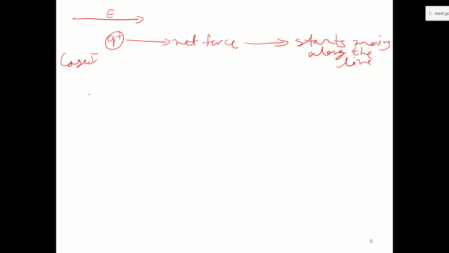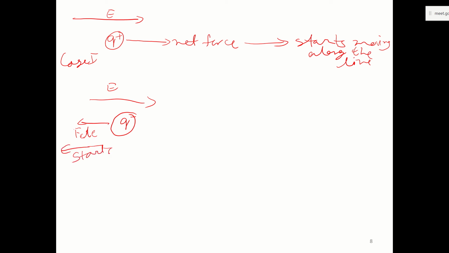So if you think of an electric field and you have a negative charge, then it feels a net electric force in this direction, and it starts moving in this direction.